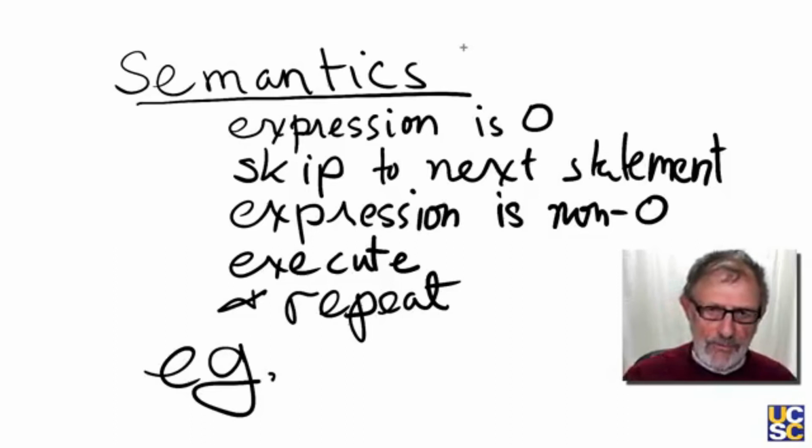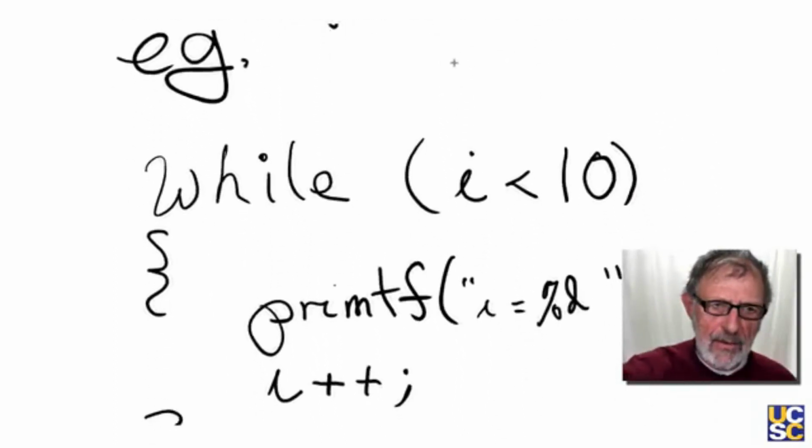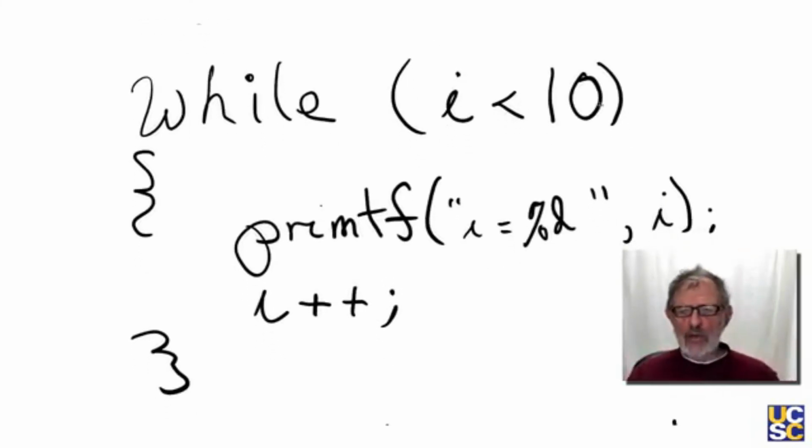Here's an example. While I less than 10, so that kind of expression is relational expression. So that is frequently what we'll see as a test. And also, this is idiomatic in the sense that very frequently in an iteration you do something that involves counting, and counting normally uses integer variables.